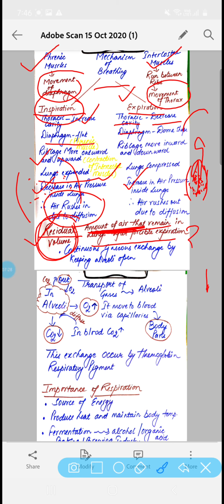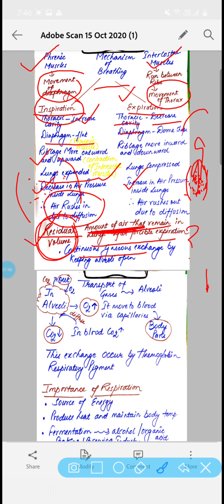Now the question comes, what is the function of the residual volume? This residual volume helps in the continuous exchange of the gases. How is it possible, how is it helping in the continuous exchange of gases?